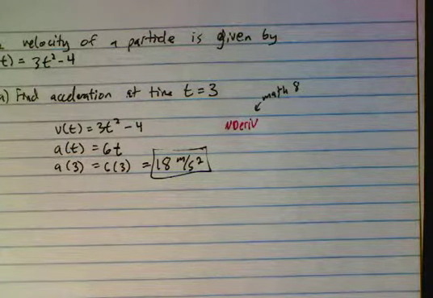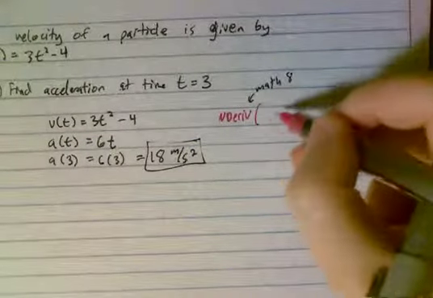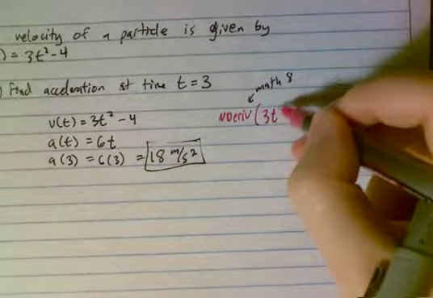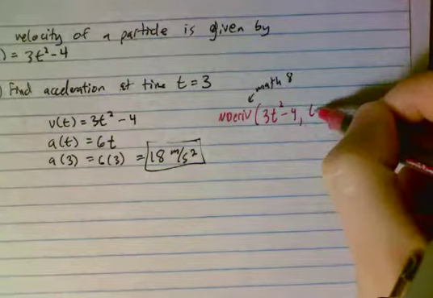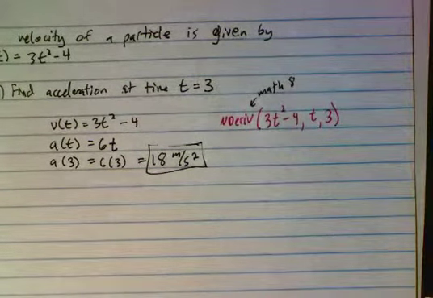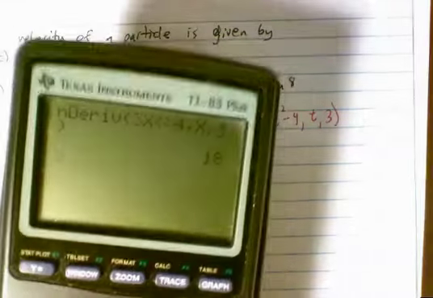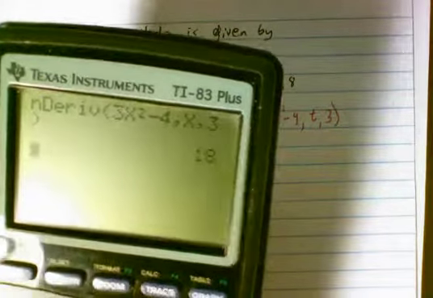And then we can put in our 3t squared, the variable, and then the number that we want it at, and lo and behold, that gives us the same answer, that 18.